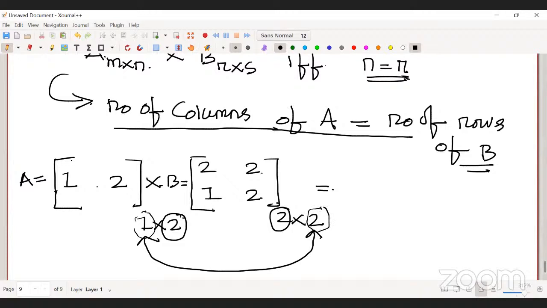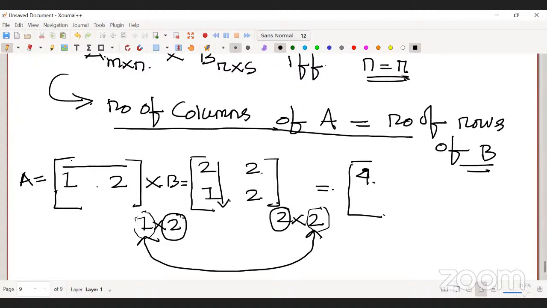So how can I do the multiplication? I have to take the first row and multiply it with the first column. If I do component-wise multiplication and then addition, what will I get here? 4.